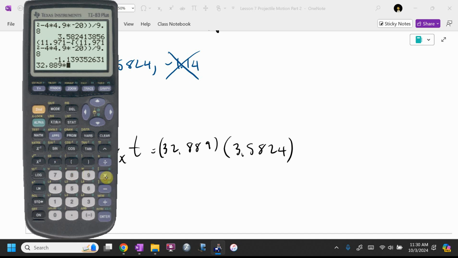32.889 times 3.5824. You get 118 meters.